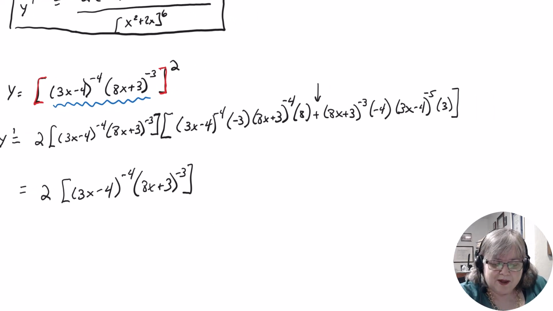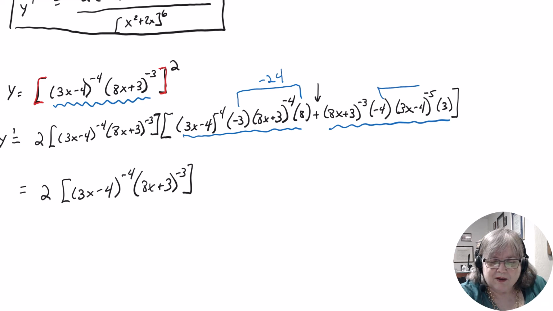Now look between here and here and see if there's anything we can factor out. Between here and here, I have a negative 24. And between here and here, I have a negative 12. You think we could factor out a negative 12?